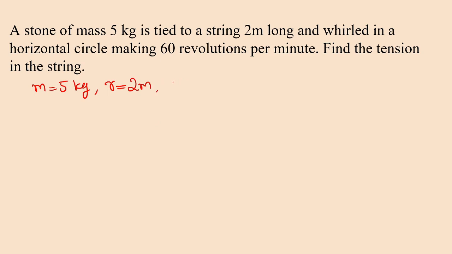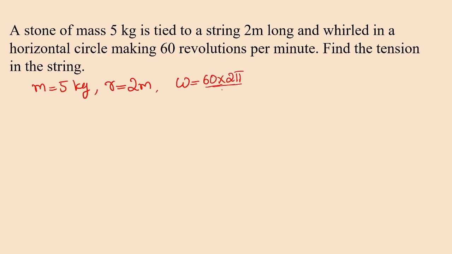Okay, we know for each revolution the angular displacement is 2 pi. So for 60 revolutions per minute, the angular displacement is 60 into 2 pi. So what is the angular velocity? That is 60 into 2 pi revolutions per minute.